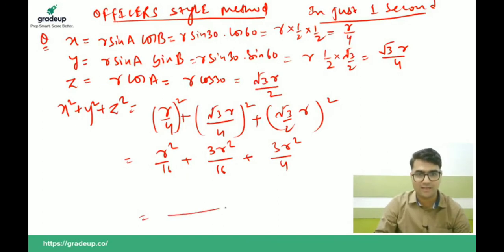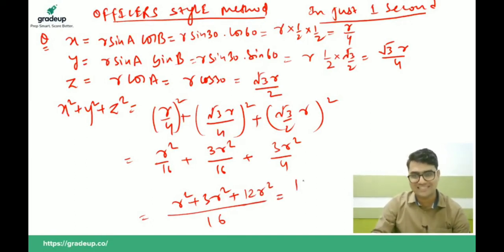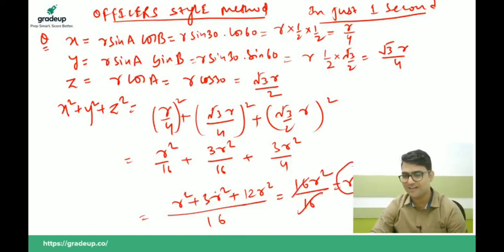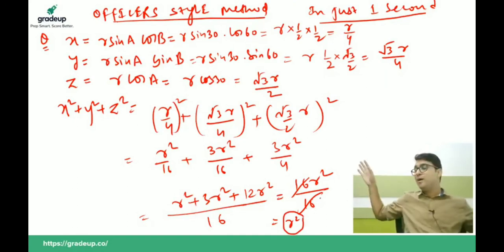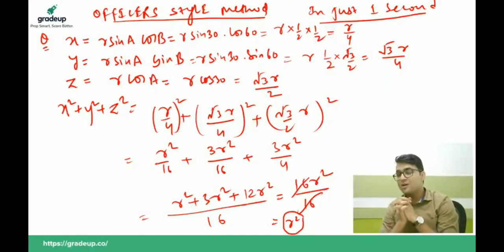After taking the LCM, we get R square, 3 R square plus 4 fours are 16, 3 fours are 12. After solving this, 16 R square divided by 16, and you will get your required answer. I hope you got the point. So guys, there is no difference when you are putting any value, but it will take time. So put those values which will take less time.